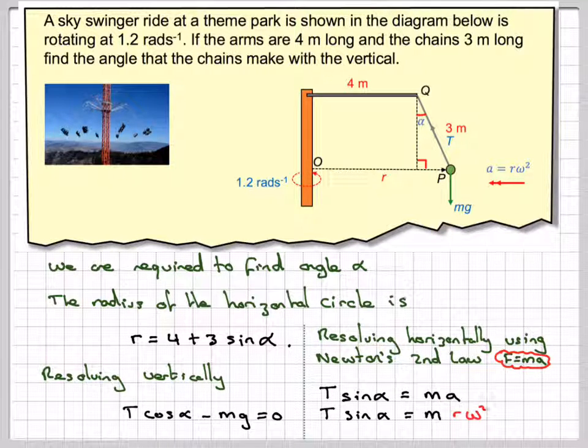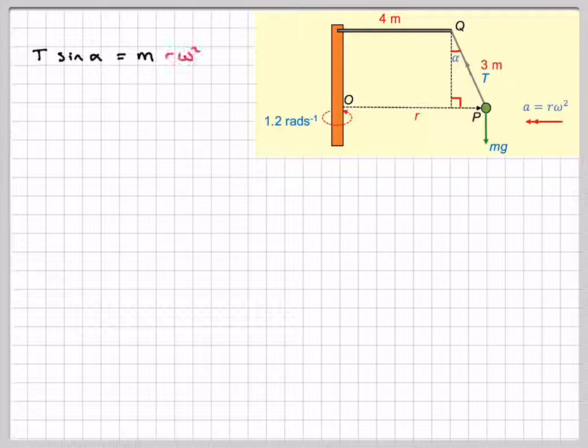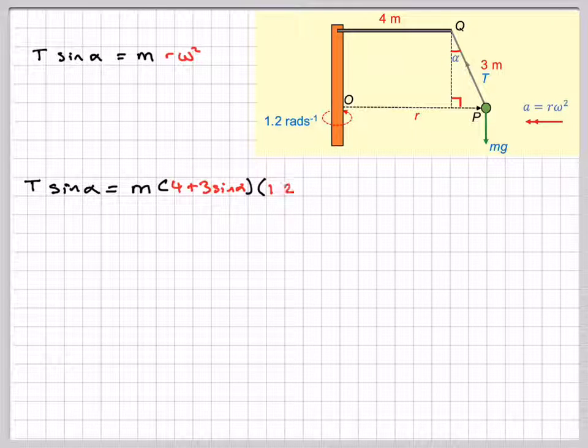However, we know that a is going to be r omega squared. We know that r is equal to 4 plus 3 sine alpha, so we have T sine alpha is equal to m times 4 plus 3 sine alpha times 1.2 squared.